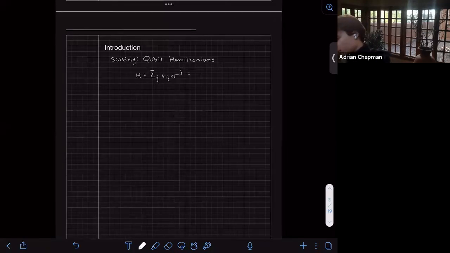I'll often also refer to these as just Hamiltonian terms, where I absorb the coupling constant b_j into the definition of the term as well. So b_j is a real number. And as I said, sigma_j is an element of the n-qubit Pauli group.